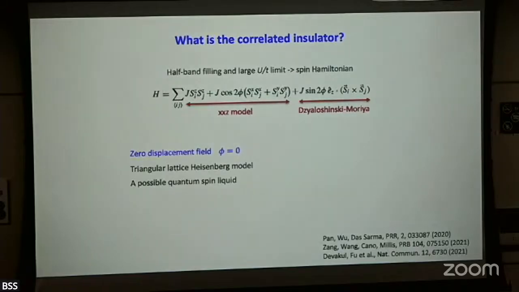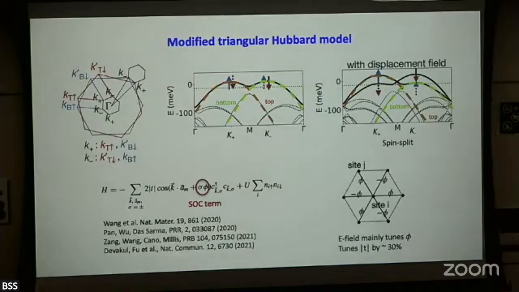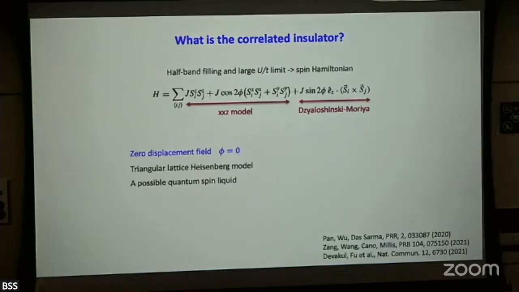And then you ask, what is the correlated insulator? At filling equal to 1 in the large U over T limit, you can rework this Hamiltonian to get this simple spin model.